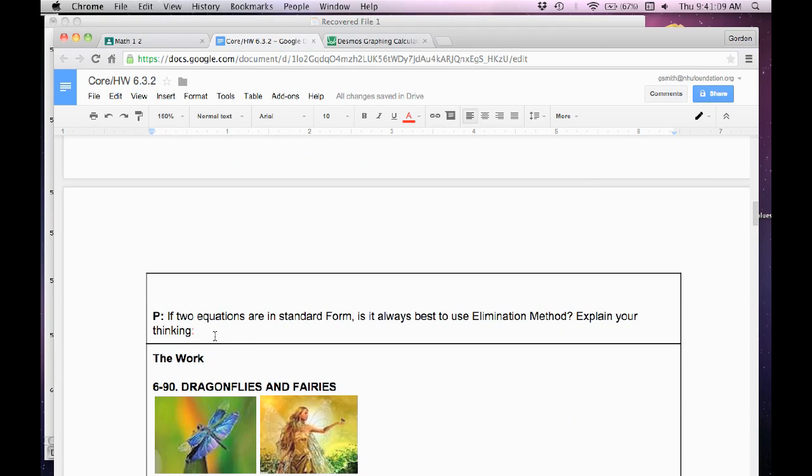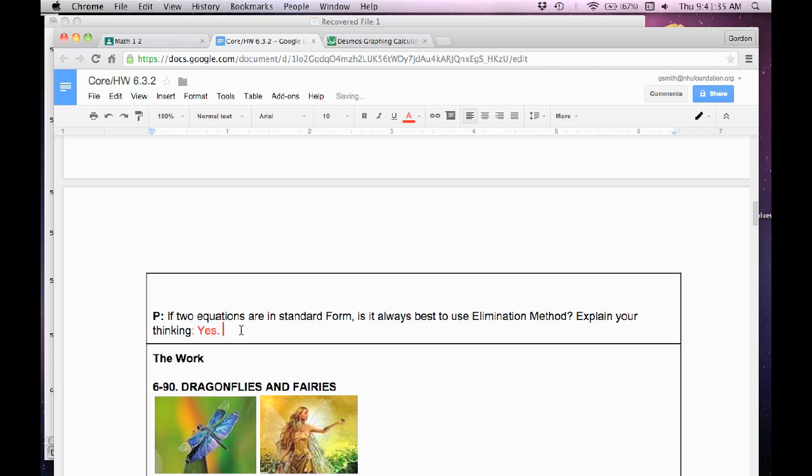Predict. If two equations are in standard form, is it always best to use elimination method? Well, you can't really substitute if you don't have one of them in slope-intercept. So substitution isn't very good if it's in standard. And you can't use equal value method if neither variable is isolated.